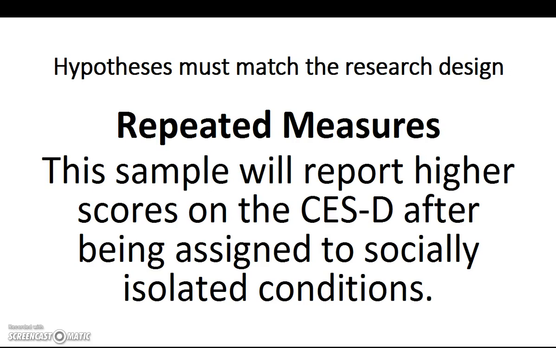If you had a repeated measures design, you might test the hypothesis like this: this sample will report higher scores on the CESD after being assigned to socially isolated conditions. In other words, we would measure the same sample before and after being assigned to socially isolated conditions and see if their depression scores increase.